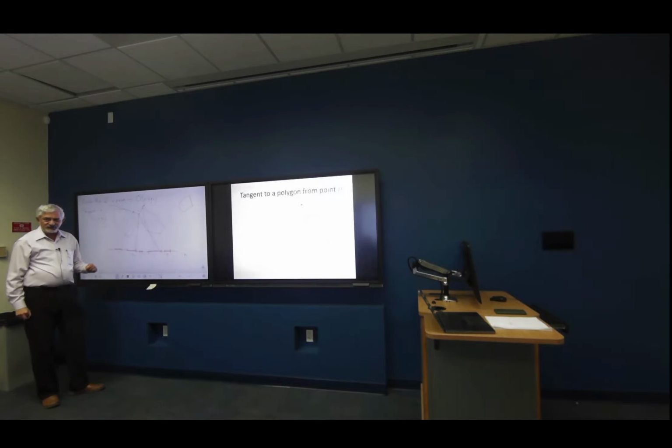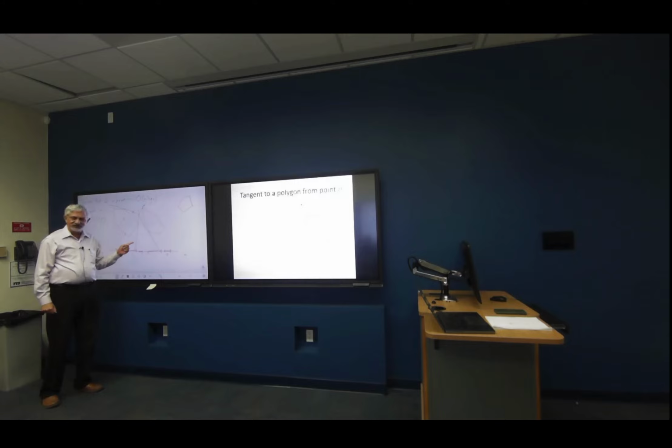We also have to decide whether this tangent is clockwise of this. If this tangent were over there, then what will happen? You can see, you cannot see the x-axis, right?